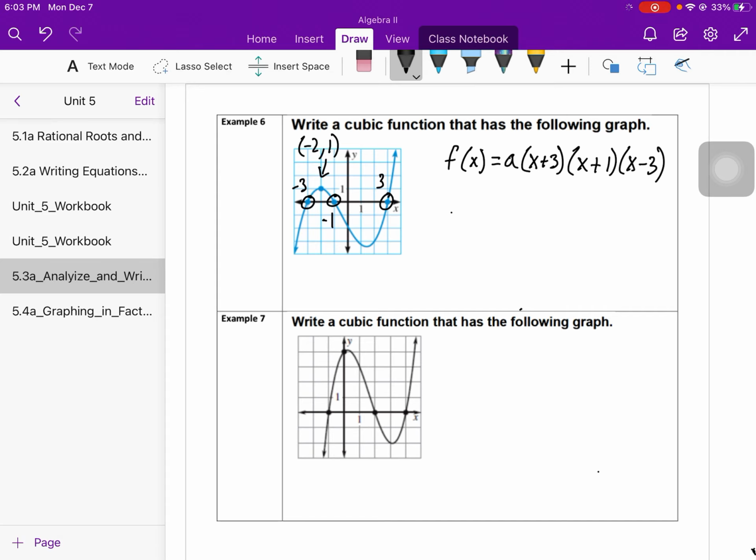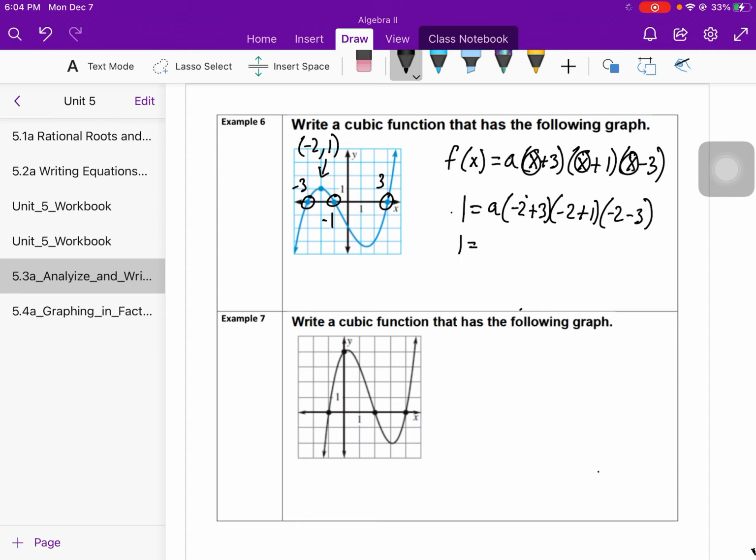So we're going to plug in -2 in all of our x values. And then we're going to plug in 1 for f of x, because that's technically y. It's going to be 1 equals a times -2 plus 3, -2 plus 1, and -2 minus 3.